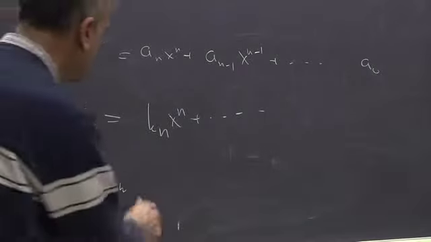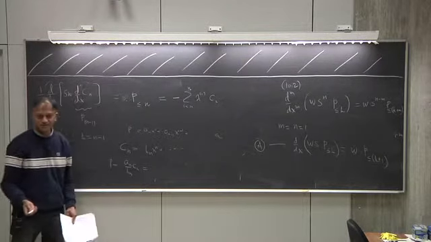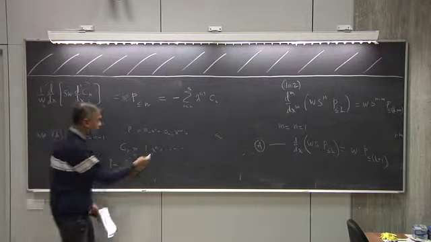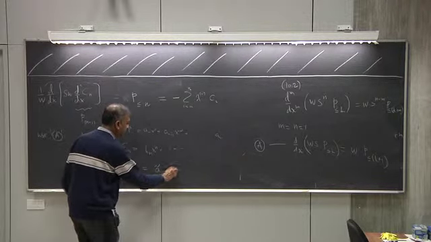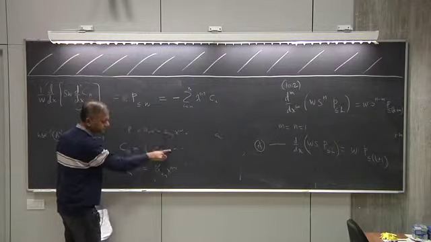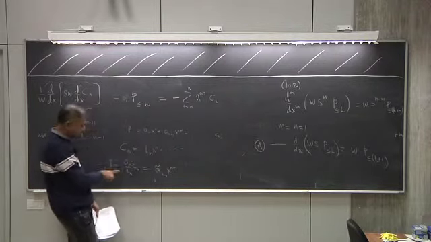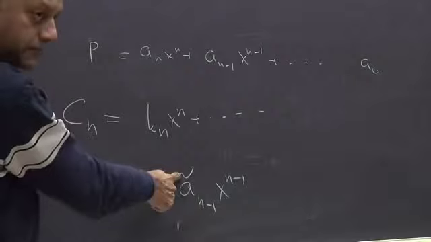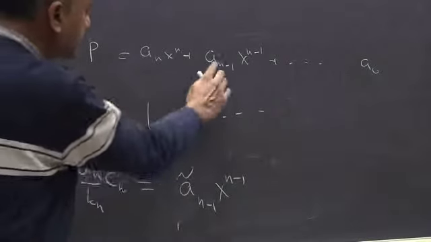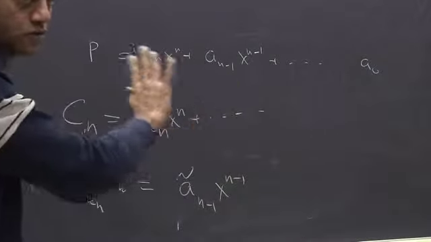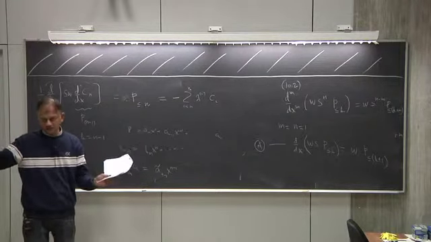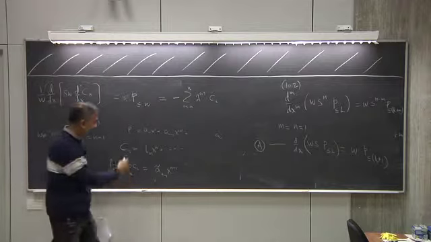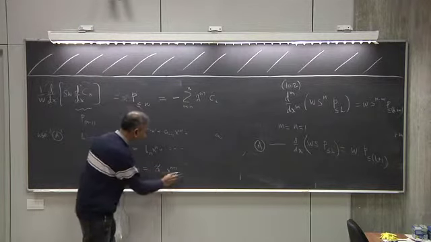So whatever it is, it's going to be a polynomial of degree n minus 1, right? So this will start from, let's call it some ã_{n-1} x^{n-1}. This will be some combination of that and that, this particular linear combination, so there will be some other number. These numbers are all known. In principle, from the Rodrigues formula, you can just compute all the coefficients of the C_n.